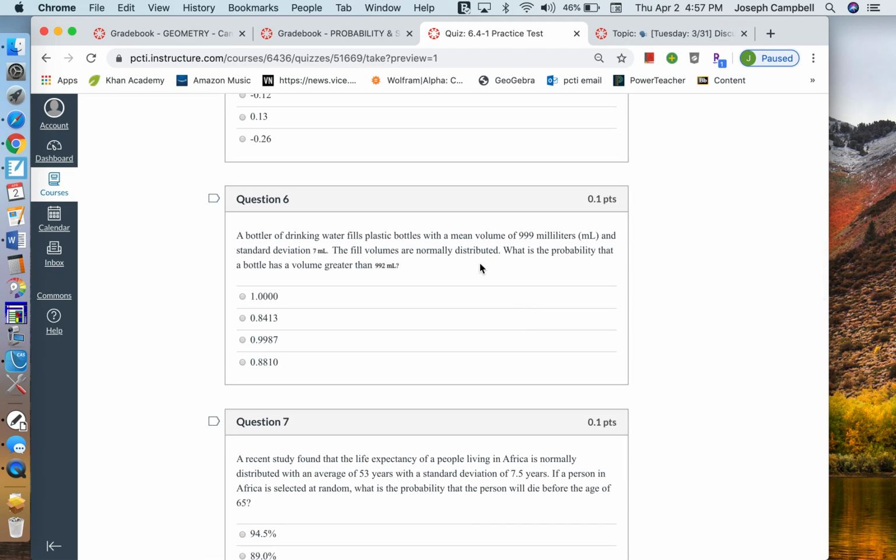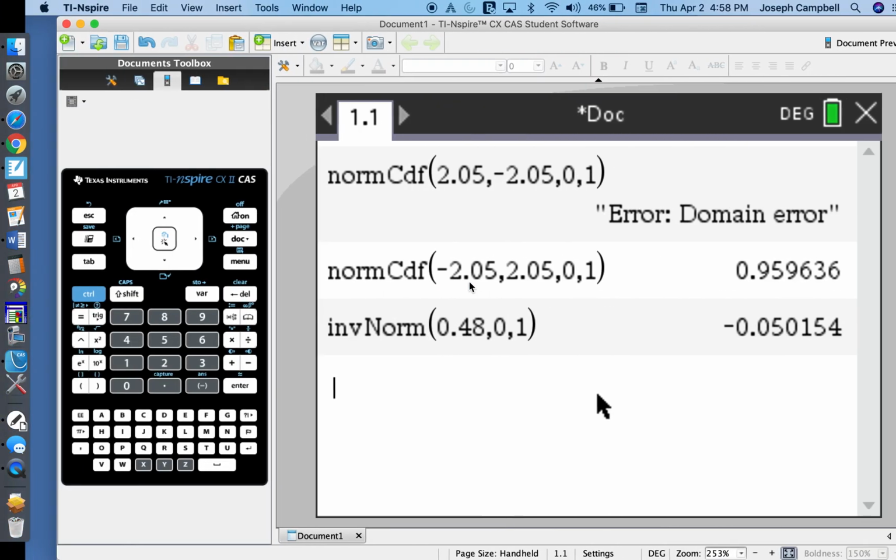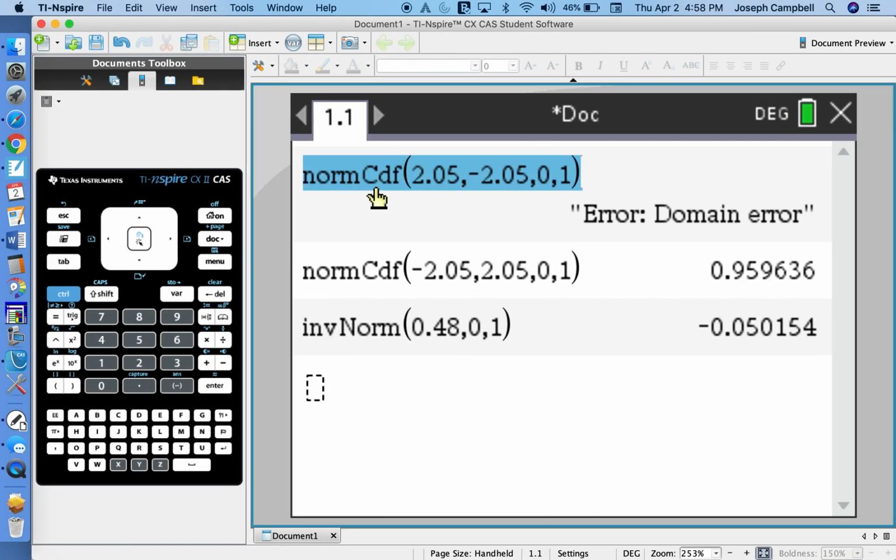A bottle of drinking water fills plastic bottles with a mean volume of 999 milliliters, standard deviation of 7. Fill volumes are normally distributed. What's the probability that it's greater than 992? So that looks like a CDF problem. Okay, so normal CDF, I'm just going to copy that.